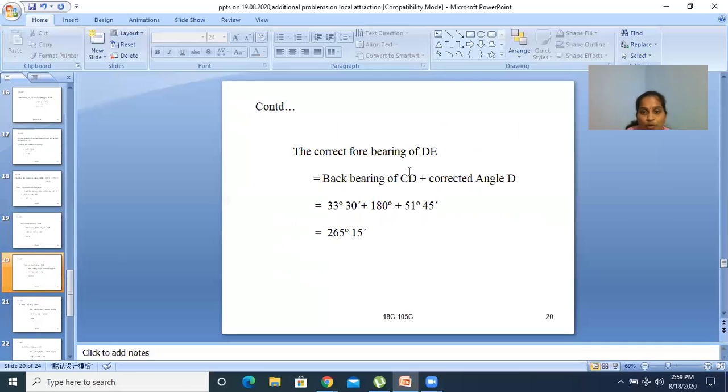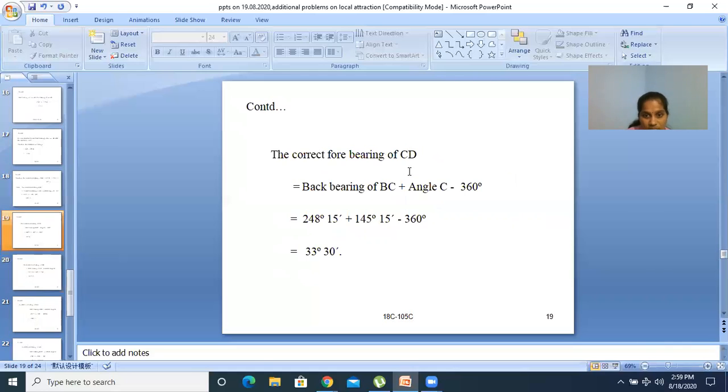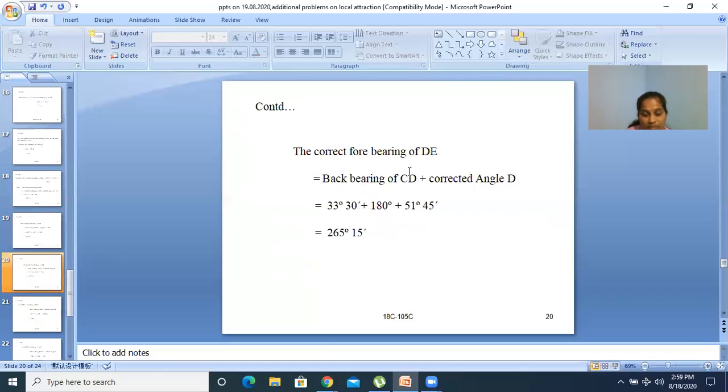Then the correct forebearing of DE line is equal to the back bearing of CD line plus corrected angle. How can we get the back bearing of CD line? Forebearing of CD line plus or minus 180.